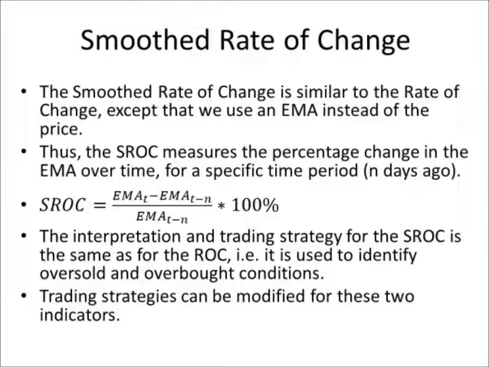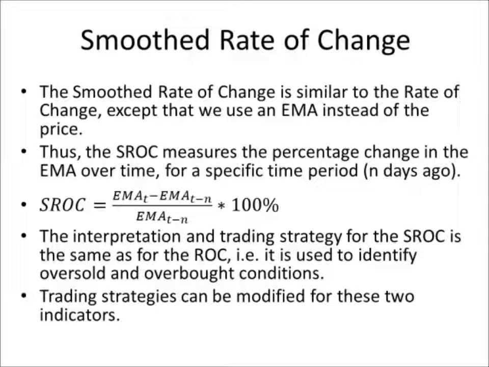This is similar to the rate of change. The only difference is that we use an exponential moving average instead of the price. So when we're calculating the rate of change, instead of calculating the rate of change of the price, we'll calculate the rate of change of the exponential moving average. Really, the only difference in the formula is that we replace price with exponential moving average.